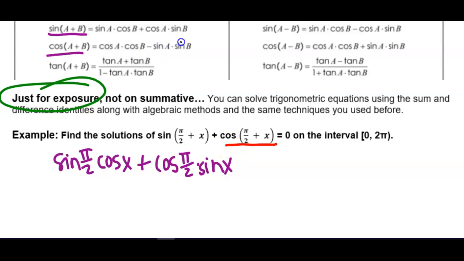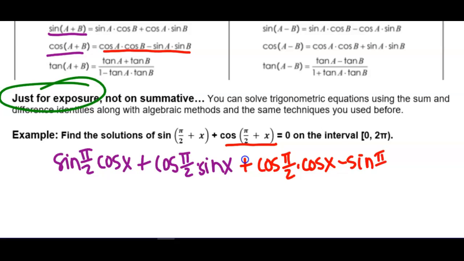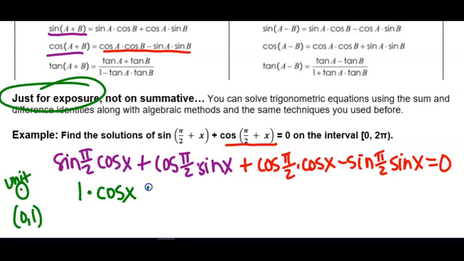This one is this guy. So I have plus the cosine of pi over 2 times the cosine of x minus the sine of pi over 2 times the sine of x, and that's all supposed to equal 0. Well, when I plug in values from the unit circle, pi over 2 has an ordered pair of 0, 1, so the sine is 1, but the cosine is 0.